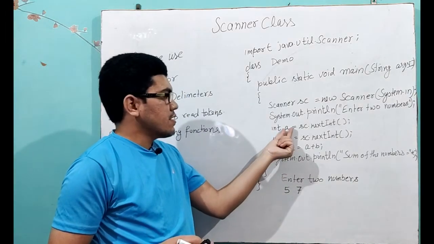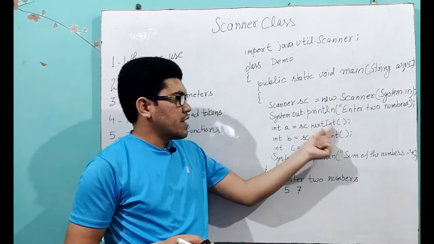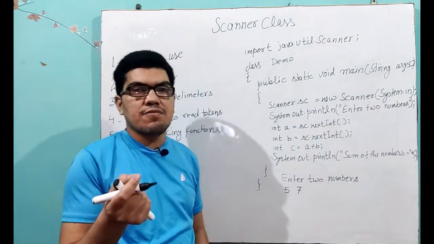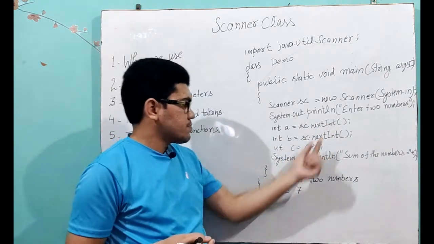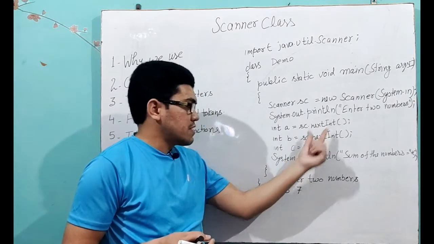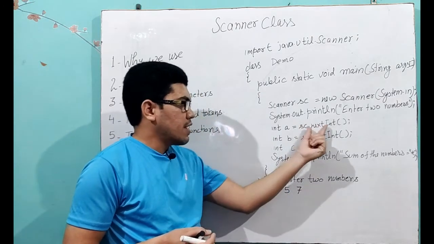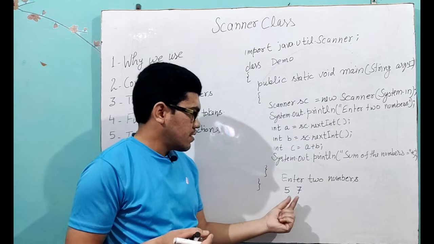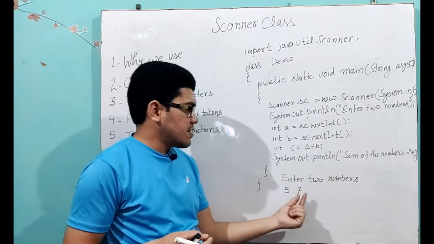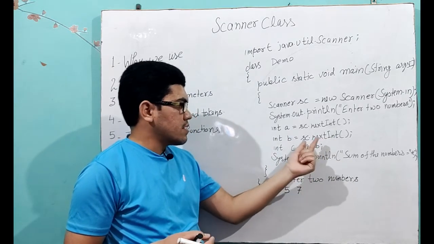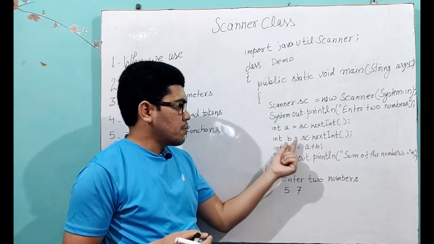int a = sc.nextInt(). So nextInt will read the first token. This function will read the first token and store it in a. The next function will read the next token and store it in b.